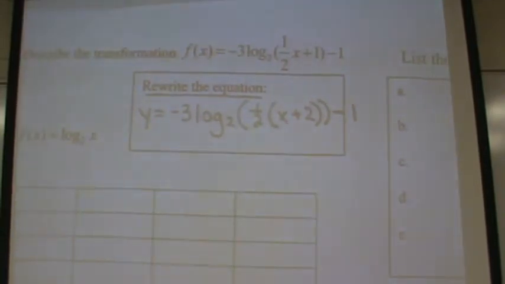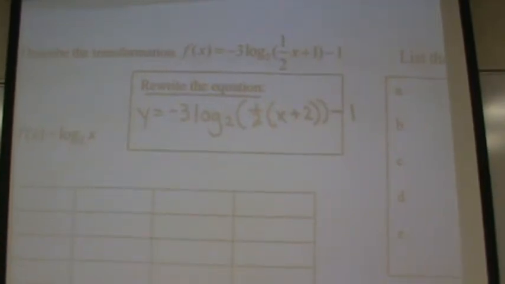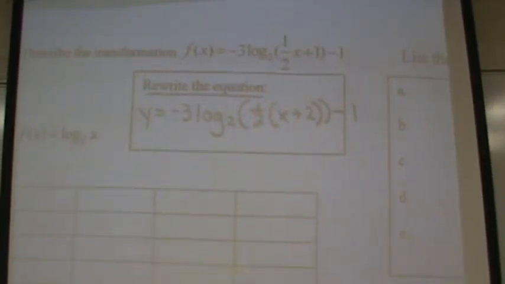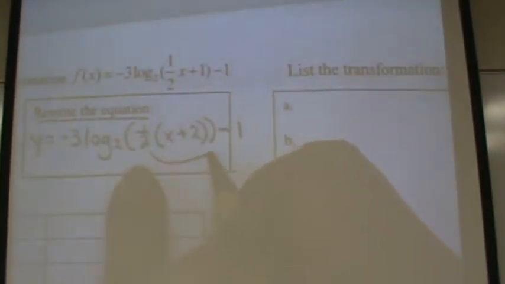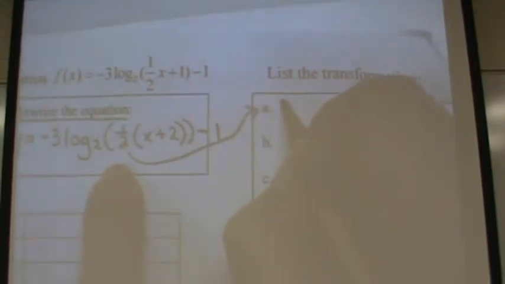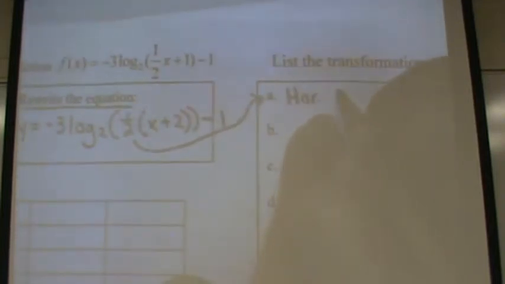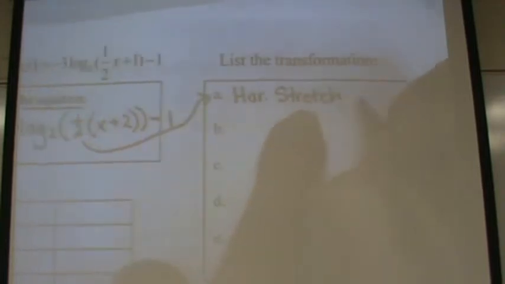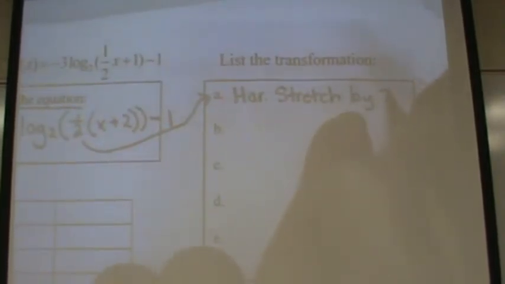Now let's list all the transformations in the proper order. What's the very first transformation? It's a horizontal stretch by 2.